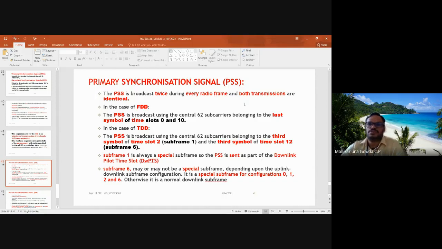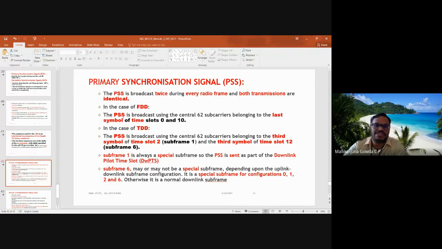Both transmissions are identical. Whatever the slot it occupies in one subframe, the same slot it will take in the next subframe also. For FDD and for TDD, I'm going to tell what subframes and slots this primary synchronization signal is going to occupy.